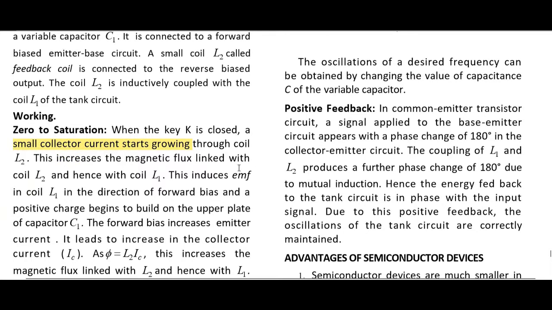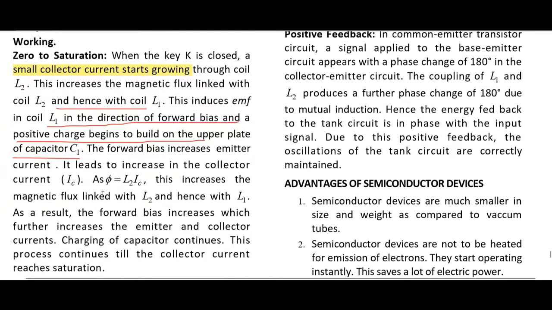The increase in magnetic flux linked to L2, and hence with the coil L1, because the core is the same and they are close to each other, not far away, induces an EMF in coil L1 in the forward bias direction, and positive charge begins to build up in the upper plate of the capacitor C1. The forward bias increases the emitter current. As the emitter current increases, it leads to an increase in collector current IC.